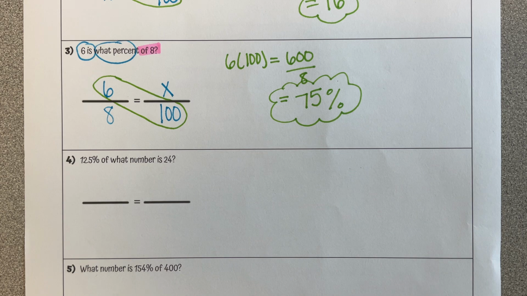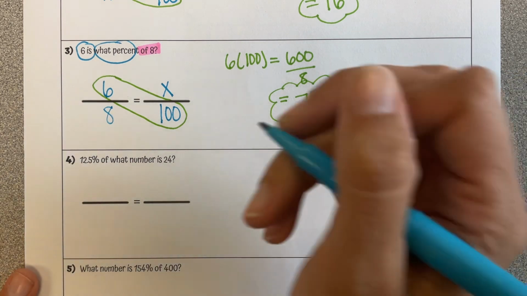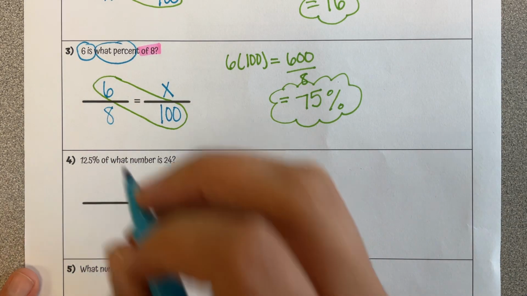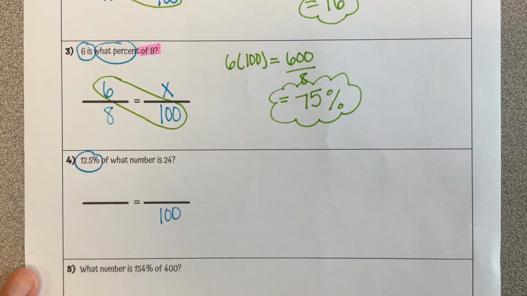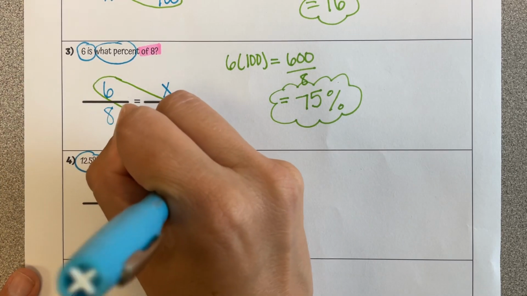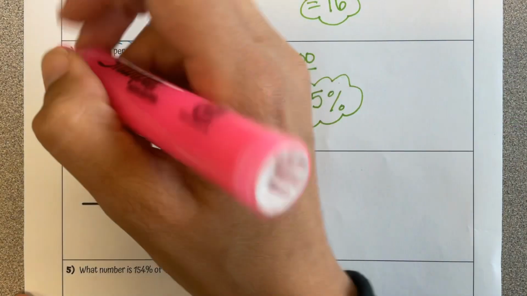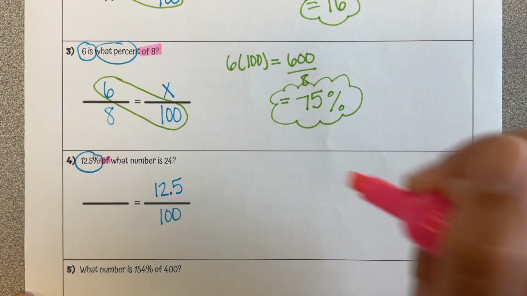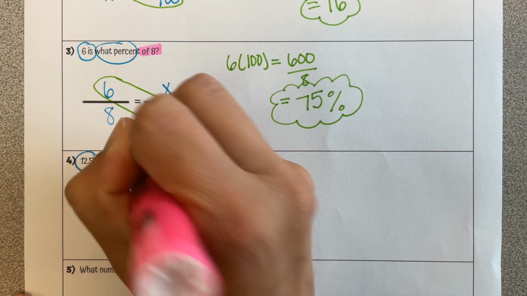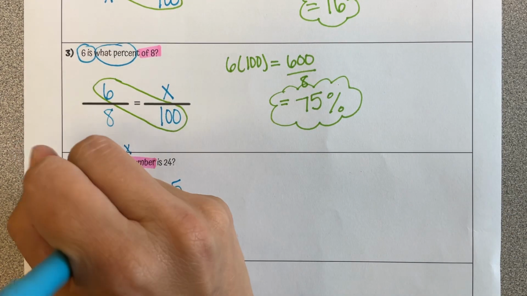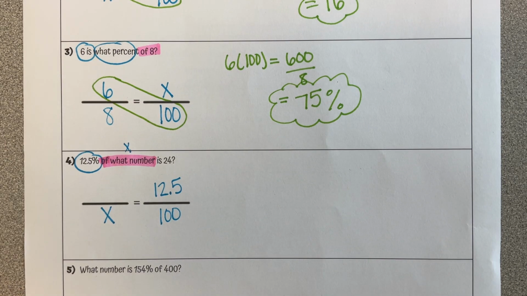Okay, number 4. 12.5% of what number is 24? Step 1, always out of 100. Step 2, we find our percentage of 12.5. Step 3, look for the word "of" and what follows. It's not a number that follows, it says "of what number." That means we don't know the whole, so our whole is the variable.